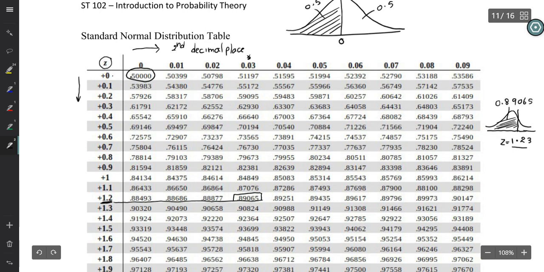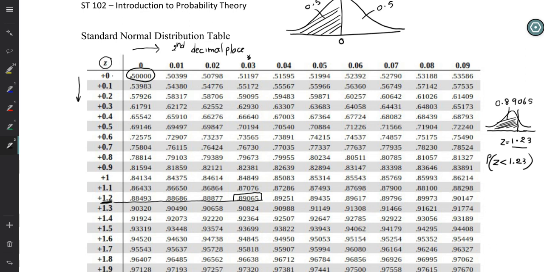So how do you write this probability? Z less than 1.23. Again, less than or less than or equal, that doesn't matter. So for the z-score 1.23, you take 1.2 from the first column and the second decimal place from the columns to your right, and you go along the 1.2 row until you come under the second decimal point.